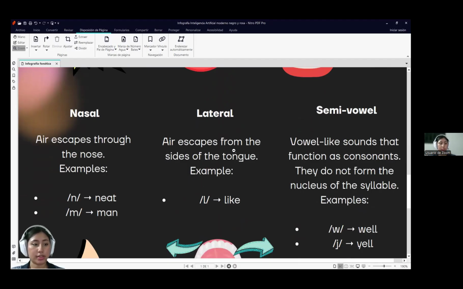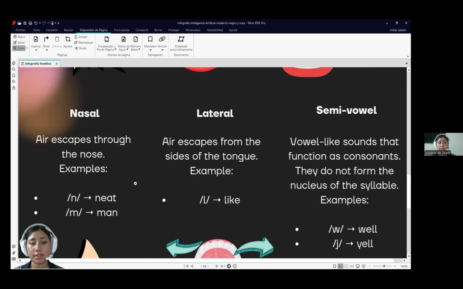Then we have the nasal sounds. In nasal sounds, the air escapes through the nose, as in words like man, man, need, need. You feel the air through your nose.